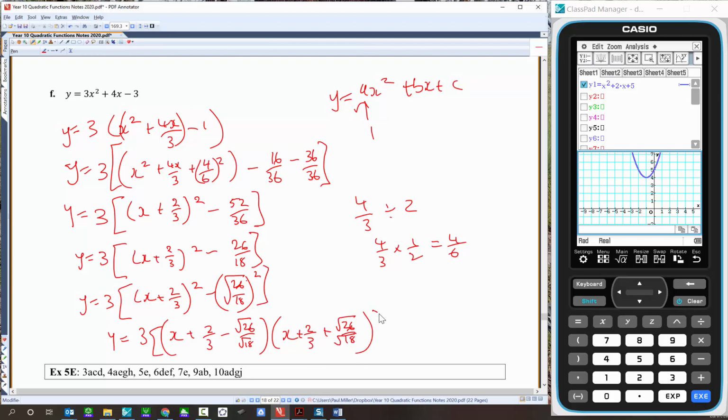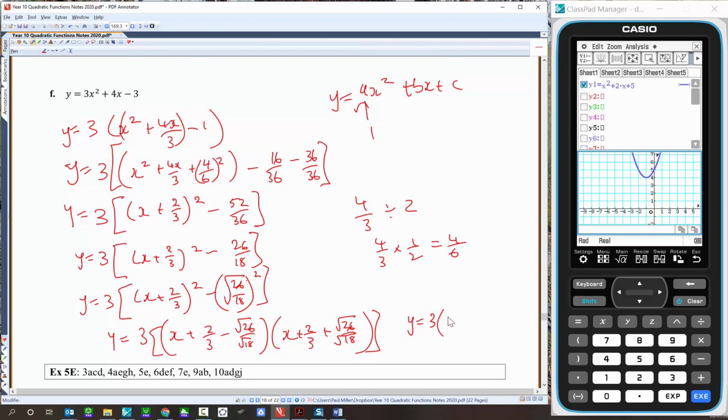Now, let's get rid of these square brackets. Let's also try to simplify any surds. So root 26 is 2 times 13? No, that can't move. Root 18 is going to be root 9 times root 2, which is 3 root 2.